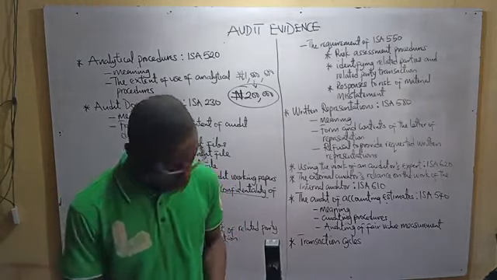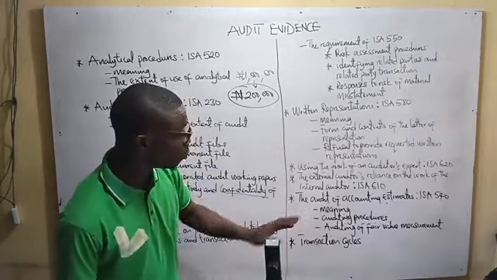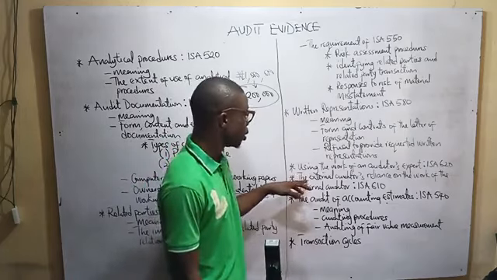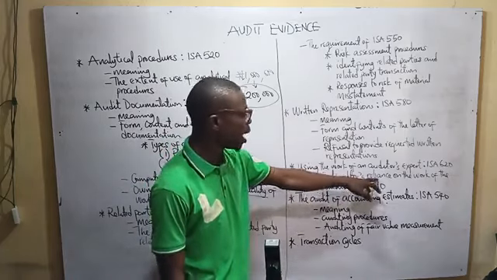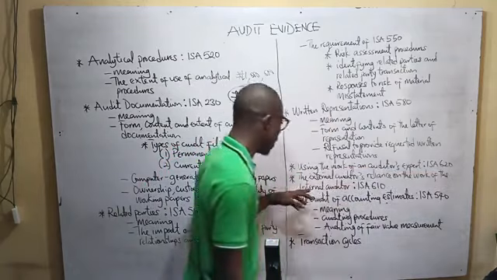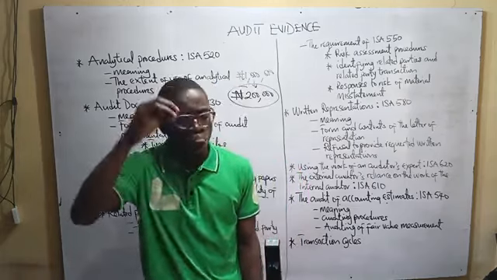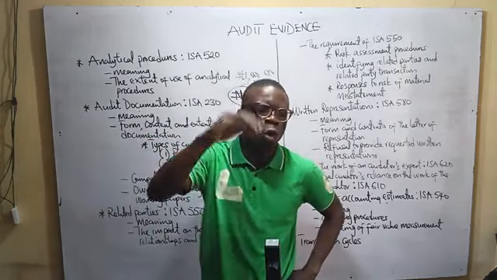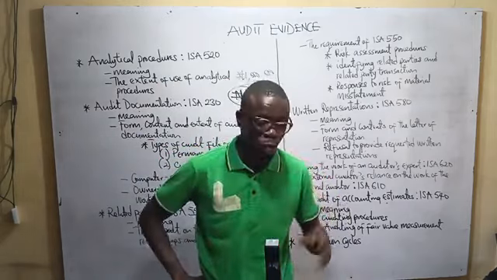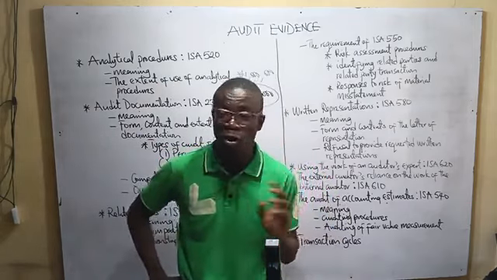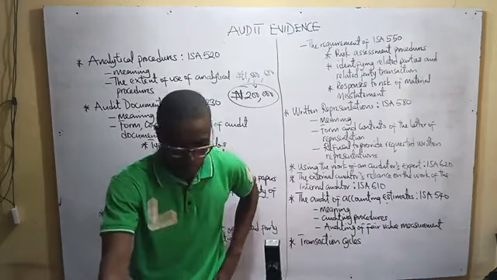Now let's look at this one. We have talked about this before. The external auditor's reliance on the work of the internal audit. Now I want to ask, when will the external auditor rely on the work of the internal audit? When?